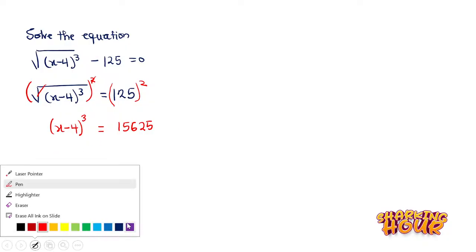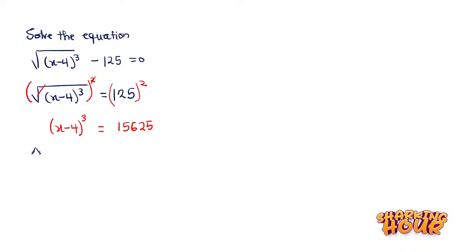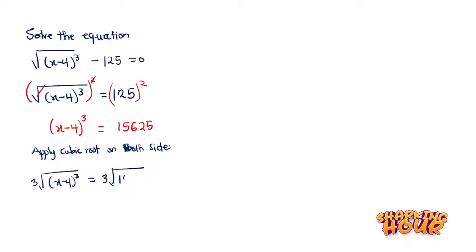So I apply the cubic root on both sides. I will have the cubic root of (x minus 4) to the power of 3 equal to the cubic root of 15,625.